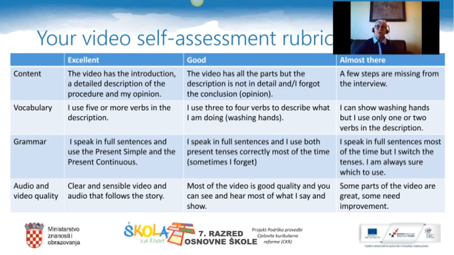Make sure you use the vocabulary you have learned in this lesson, and make sure you are careful about your grammar, present simple for the facts and present continuous for the procedure when you are showing how you are doing it. And finally, make sure your audio and your video is good quality so we can see you and hear you explain how and why you wash your hands properly.